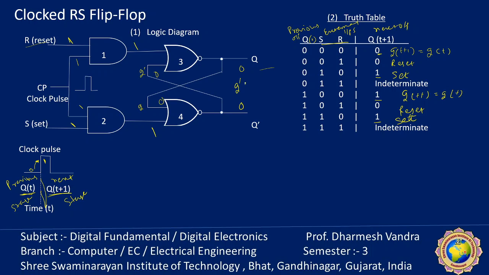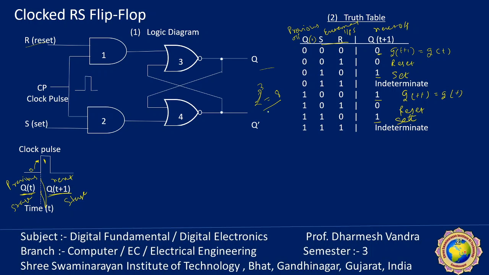Q dash is equal to Q. It is not valid, so it is called an indeterminate state. So in this way, we got all the conditions, and we also defined the difference between Qt and Qt plus 1. So these 2 raised to 3, 8 combinations we discussed.